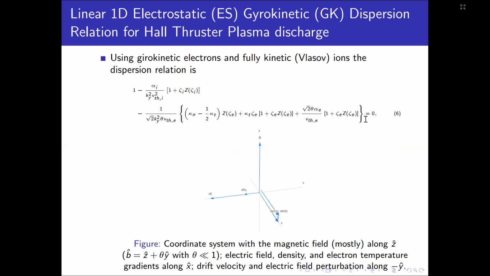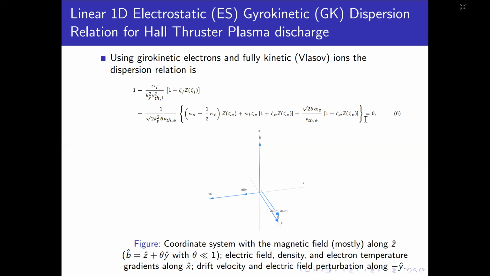If I'm interested in studying turbulence in this type of thruster, first I want to have an analytical equation that gives me information about instabilities in the plasma configuration. That's why I derived this model, this dispersion relationship, using gyrokinetic electrons and fully kinetic ions. Maybe you are wondering why I use this dichotomy.